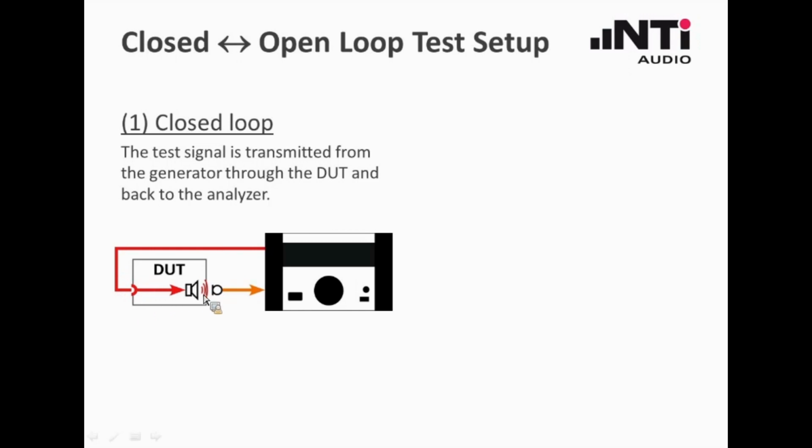Now let us take a closer look at the open and closed loop test setup. We start with a closed loop test setup, which is the more commonly used one in the audio testing world. Here we have a test instrument that generates the test signal, which is then fed typically into the device under test by an electrical connection.